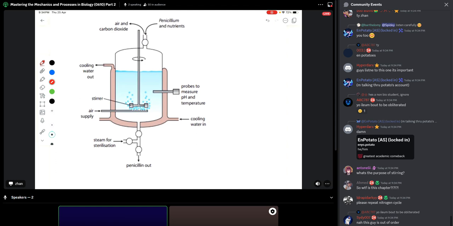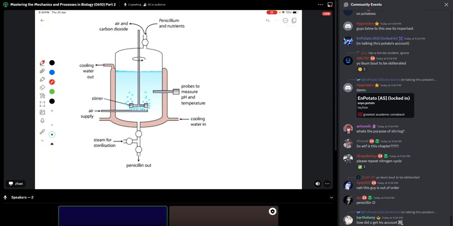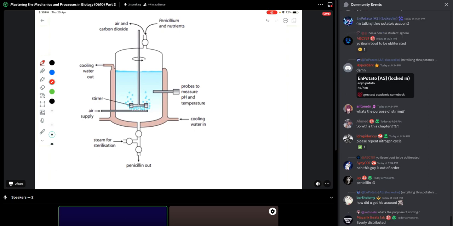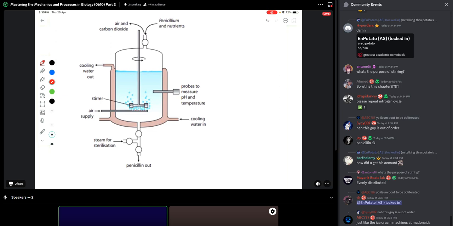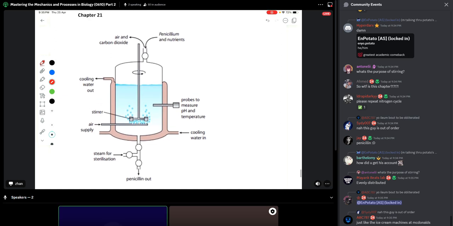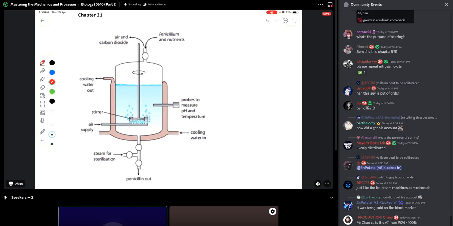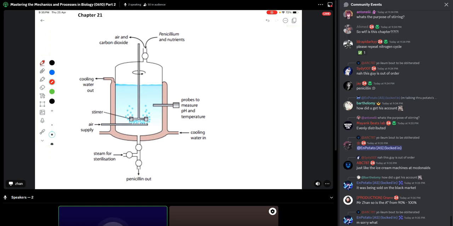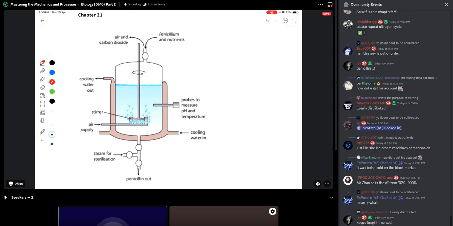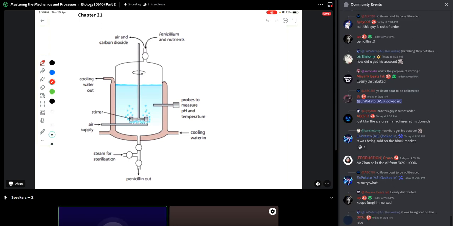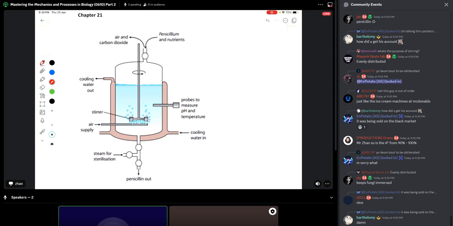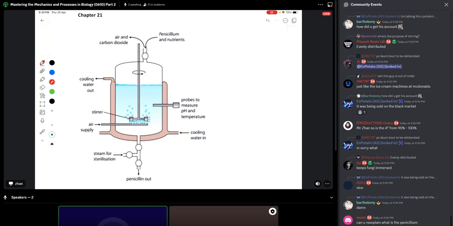Penicillin is an antibiotic coming from a fungus called penicillium. The fermenter is almost like a machine that controls all of the conditions to ensure that the product is correctly made in the optimal way. It's almost like an industrial setting.